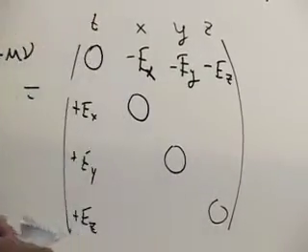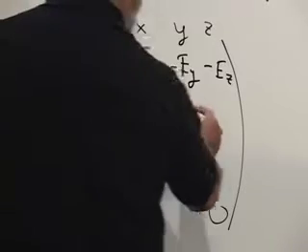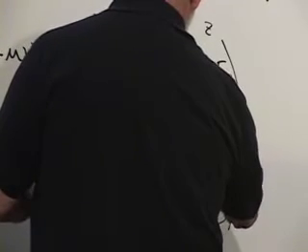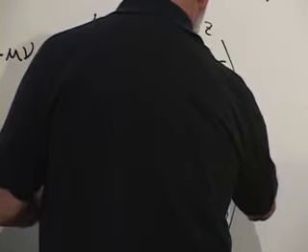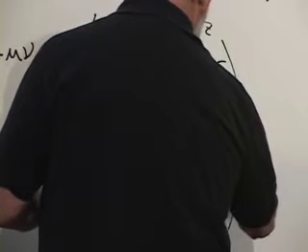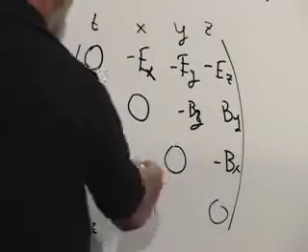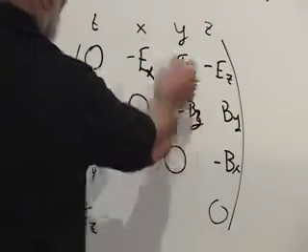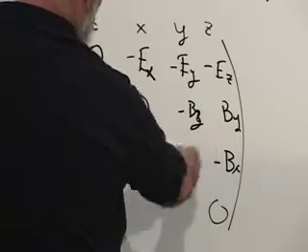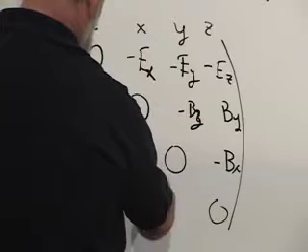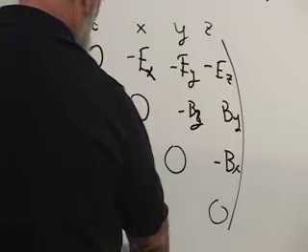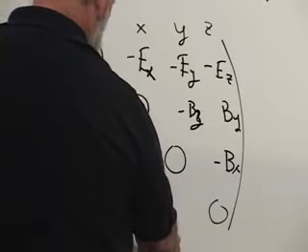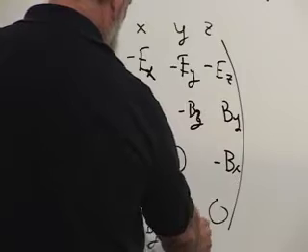Now what about the missing slots over here? That's where the magnetic fields go. Right over here, you have minus B sub z, B sub y, and minus B sub x. And then down here, you have the reflected plus B sub z, minus B sub y, and plus B sub x.